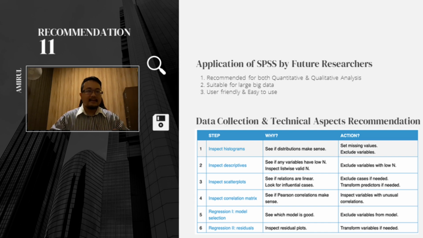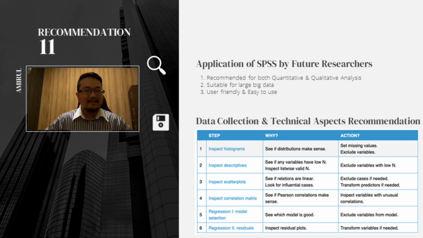Thirdly, inspect the scatter plot to see if relations are linear and exclude or transform cases of predictors respectively if needed. Lastly, inspect the correlation matrix to see that Pearson correlations make sense and inspect variables with unusual correlations. That's all for me, thank you.